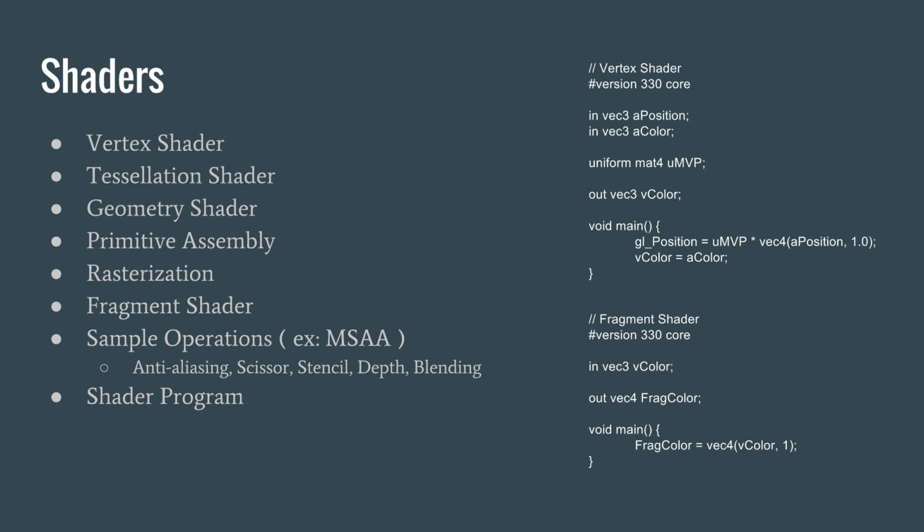And so this is a super simple implementation of a vertex and fragment shader in OpenGL, which does what we were talking about with doing position and color on a triangle. So we've got our in for a vector 3, a position instead of the vector 2 that we were talking about, and in for a vector 3 color.